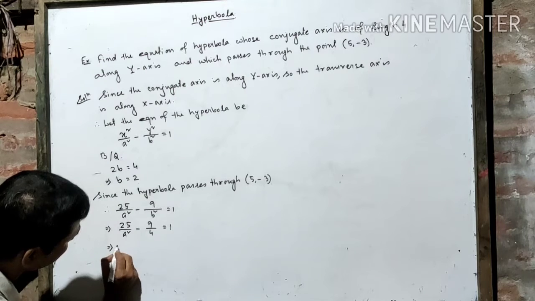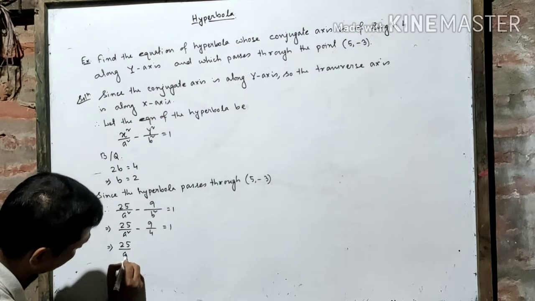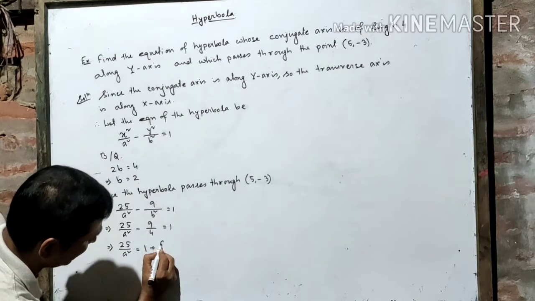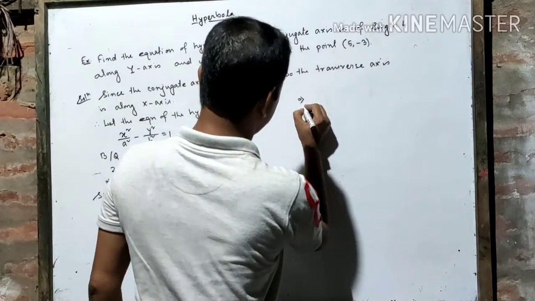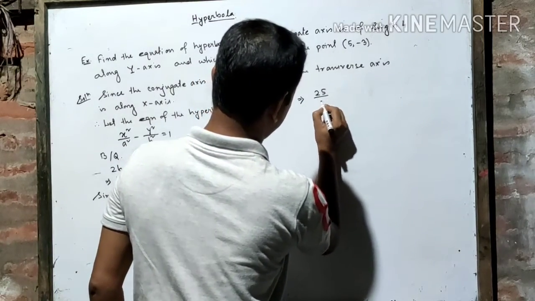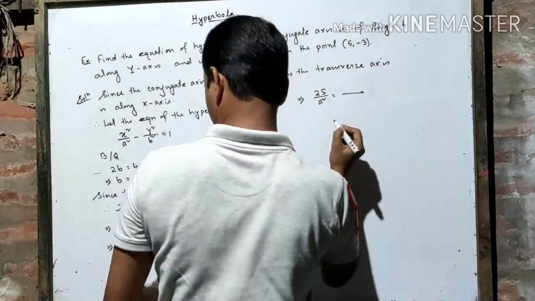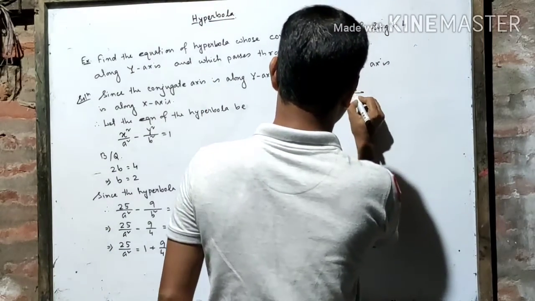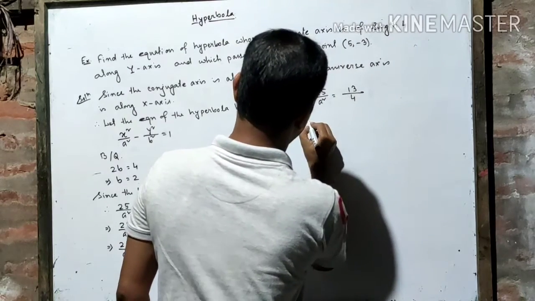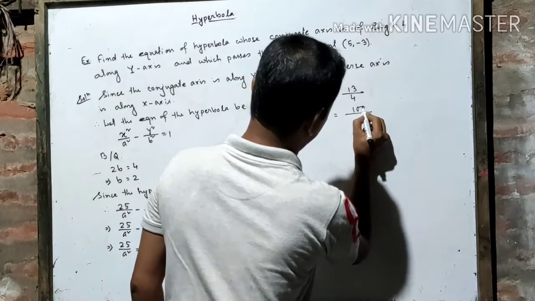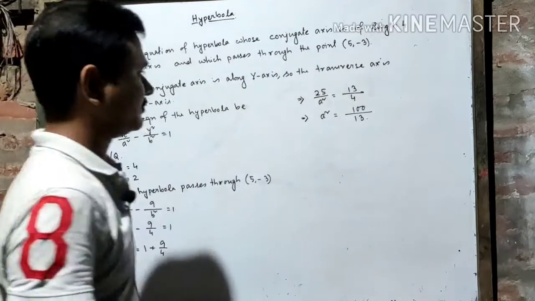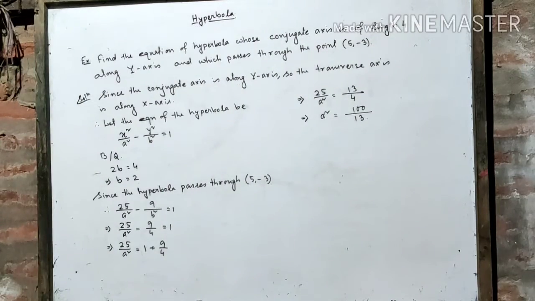This implies 25 by a square is equal to 1 plus 9 by 4. This implies 25 by a square is equal to 13 by 4. This implies a square is equal to 100 by 13.